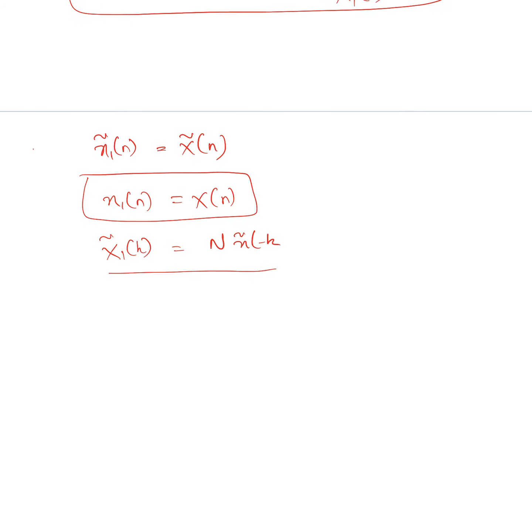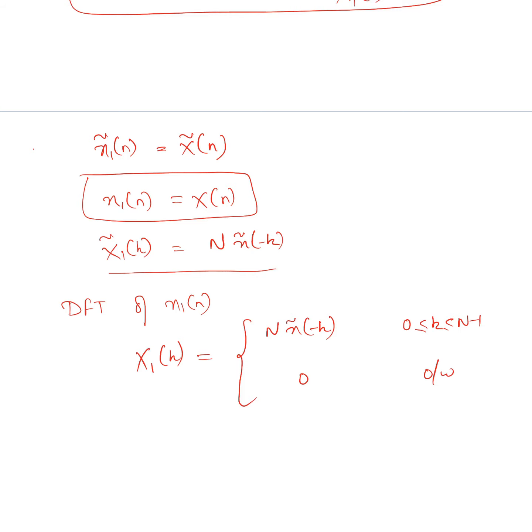So this implies that the DFT of x1 of n would be what? Some X1 of k, which would be equal to N x tilde of minus k, where k varies from 0 to N minus 1, that is over a period, otherwise it is 0, right?